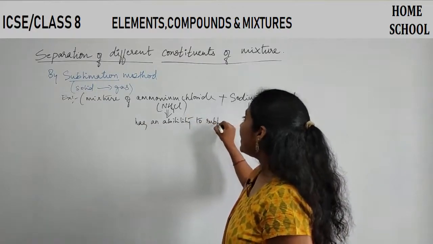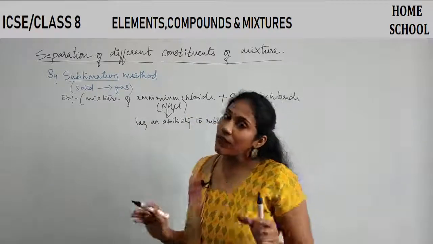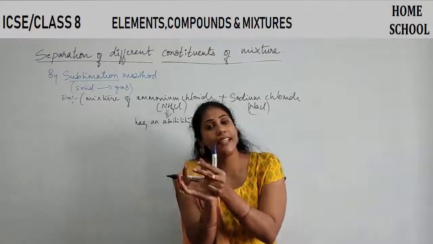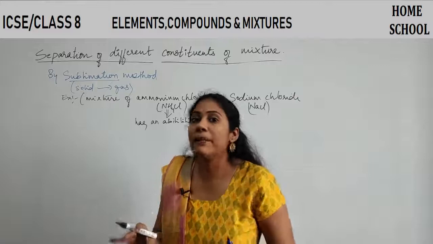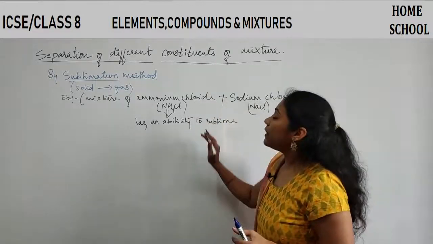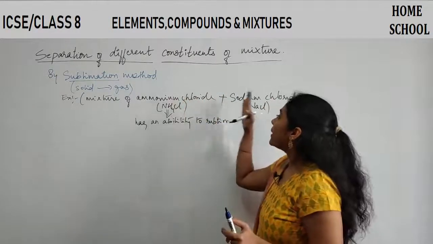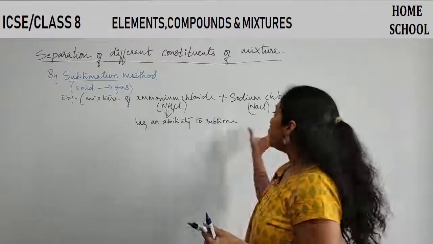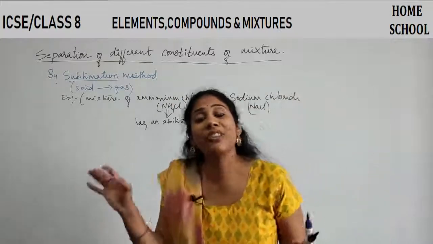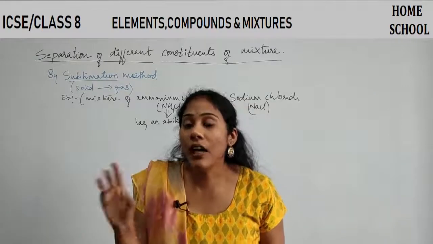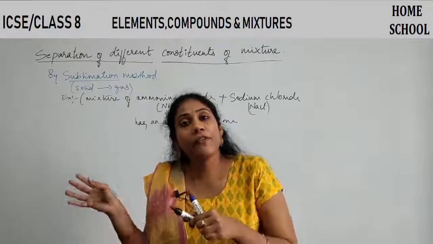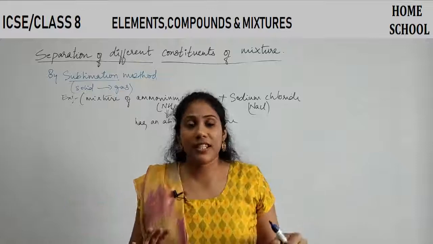That means it can directly convert from its solid state to gaseous state, right? So we use this property of ammonium chloride to separate ammonium chloride from sodium chloride. Sodium chloride does not have an ability to sublime. Sodium chloride cannot convert directly from solid state to gaseous state.